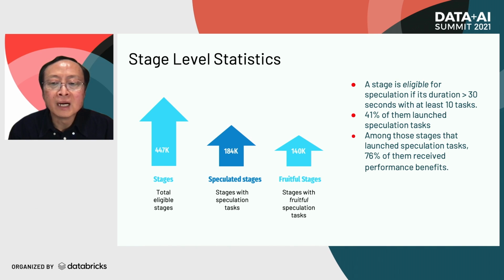And among all the eligible stages, 41% of them have launched speculation tasks. And among those stages that have launched speculation tasks, 76% of them received some performance benefit. It means that they have got some fruitful tasks.